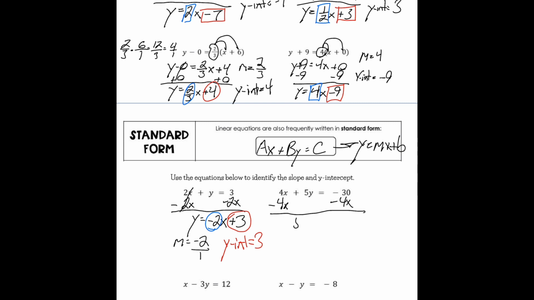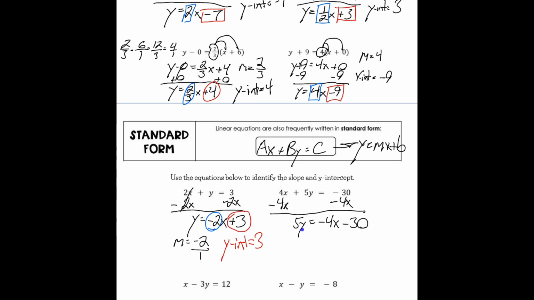My 5y drops down. I cannot combine 30 and 4x because one of those terms has a variable, the other one doesn't. I always want to write my x term first. So in this case, it's my negative 4x. That's going to be written minus 4x. My 30 has a negative in front of it, so minus 30.